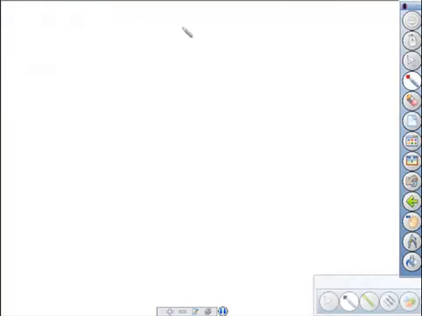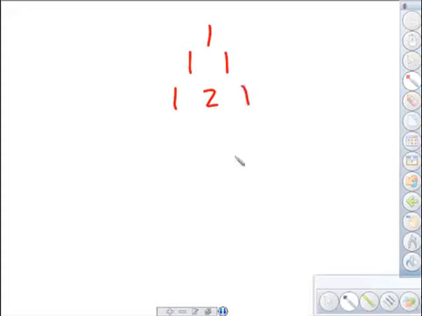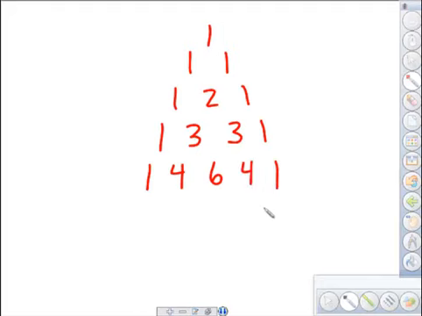Let me see if you guys can pick up on this pattern. If I have this, and then I do this, do you know what's going on? Do you know what I'm doing? How am I getting the next row? Could you come up with this one?